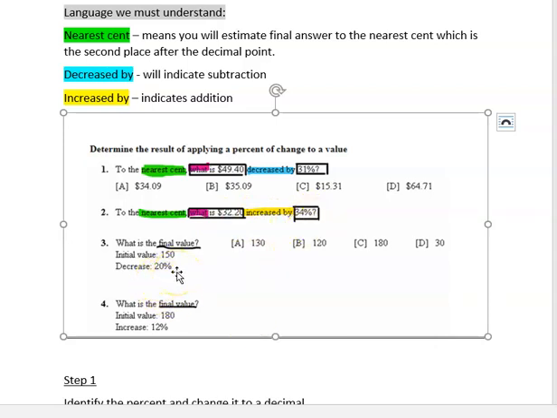When you have these values, again, you're going to change the percent to a decimal, multiply it by the initial value. If it's decrease, you're going to subtract it from the initial value. And if it's increase, you're going to add it to the initial value. So simply put, change to a decimal, multiply, add or subtract, and you'll find your final answer.